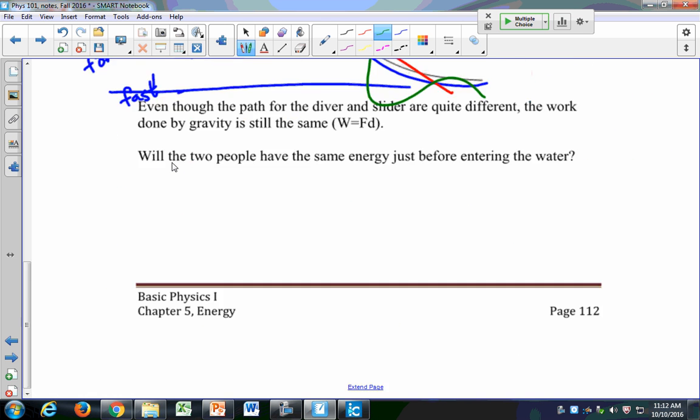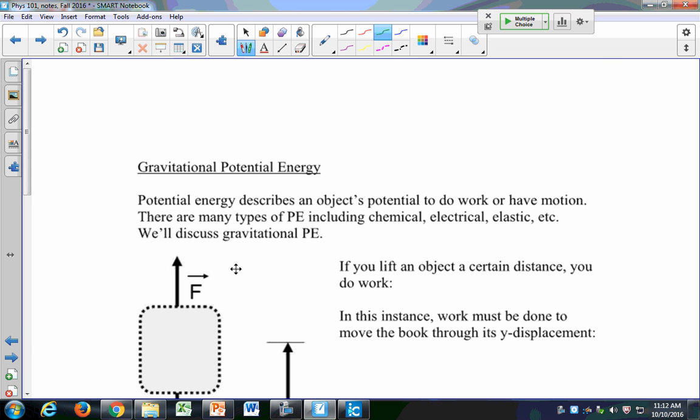Okay? So they will not give the same energy. Okay, so regarding conservative and non-conservative forces, just know what they are. Know that conservative forces conserve energy, non-conservative forces do not conserve energy. Also know examples of both. Gravity is a good example of a conservative force.